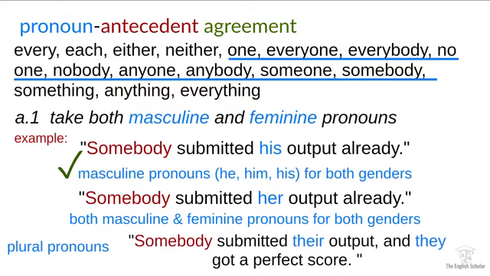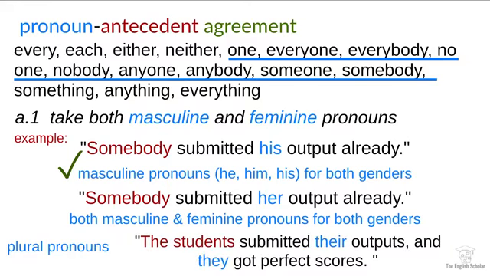For example, somebody submitted their output and they got a perfect score. But if you want to use plural pronouns and still follow rules, you can use nouns instead of pronouns as antecedents. For example, the students submitted their outputs and they got perfect scores. Now that is much better.